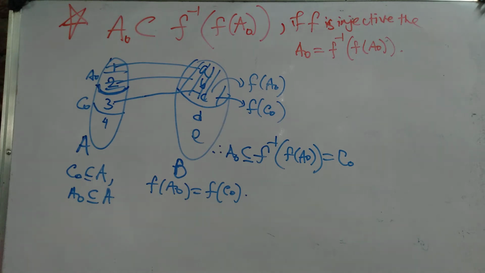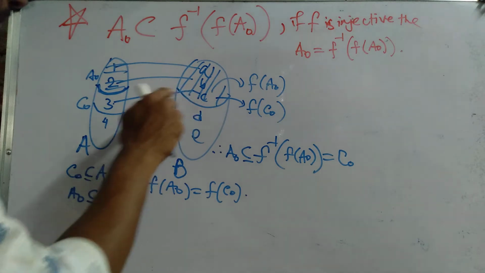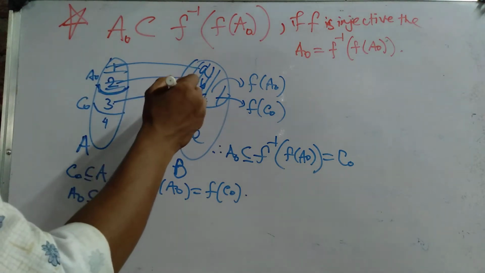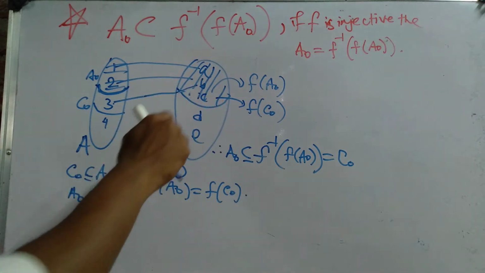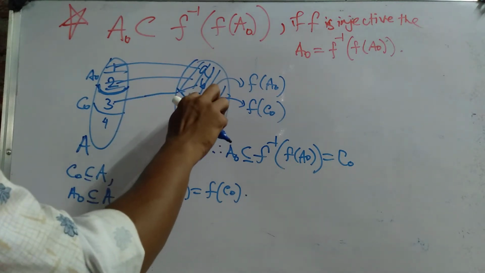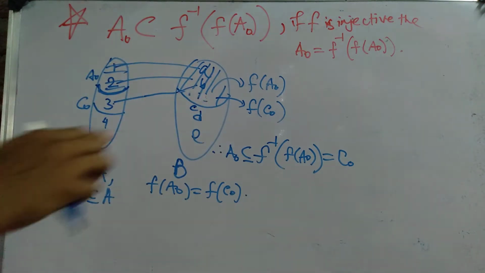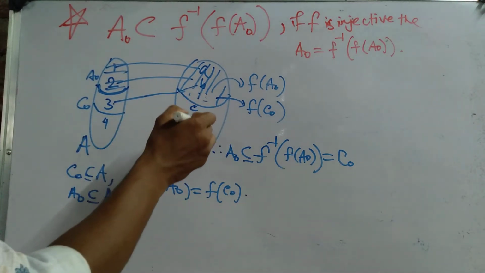Then A0 has f of A0 equal to {a, b, c}, and f of C0 we write this one, here {c, d}.